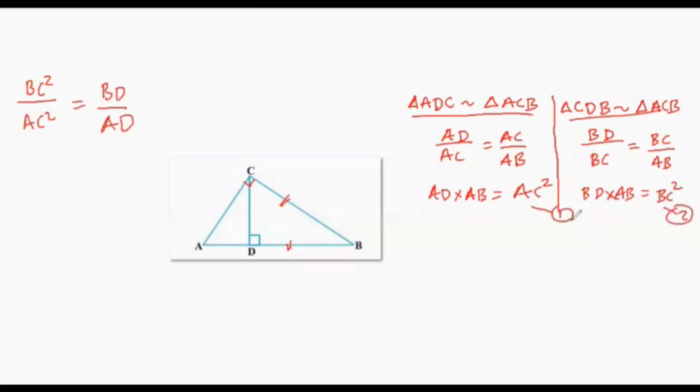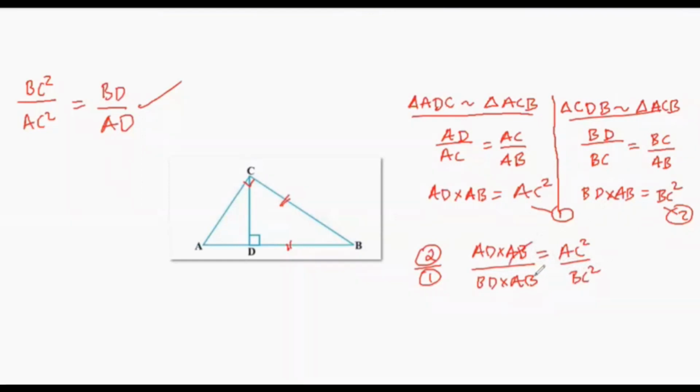What we have to do? Divide equation number 1 and equation number 2. Divide equation 2 by 1, or 1 by 2. So dividing, you can reach this result, right? So what will come? AD into AB is equal to AC square, divided by BD into AB is equal to BC square, like this will come. Okay, so you can cancel AB.